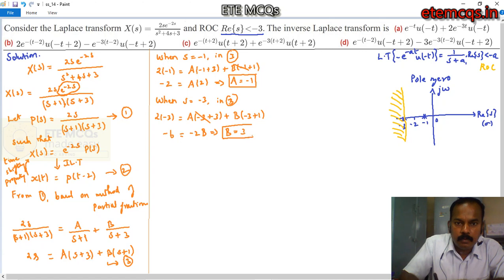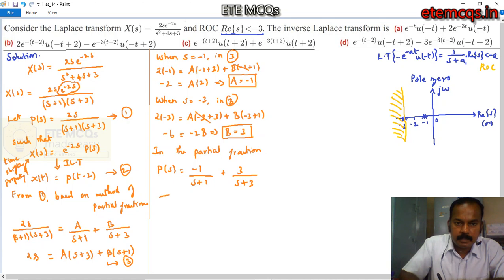So now we have found A and B, which have to be substituted in this partial fraction P of s. So in the partial fraction, we get P of s is equal to A, which is minus 1, divided by s plus 1, and B is 3, so plus 3 divided by s plus 3.